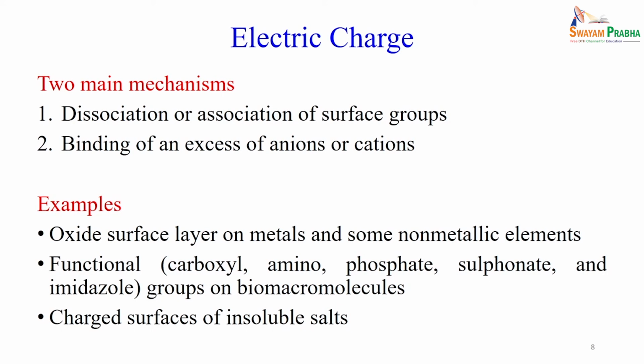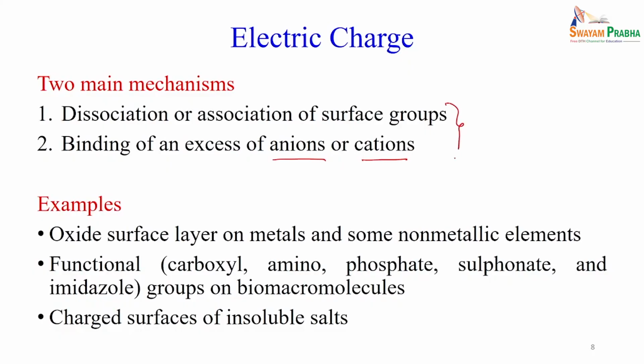The other mechanism is that it is coming from the environment or surrounding. It is binding with some excess of either anion or cation. So, whatever group is present on the surface, it is going to have a similar charge. It may have a positive charge, it may have a negative charge. So, these are the two main mechanisms of how the electric charge is acquired on the surface.